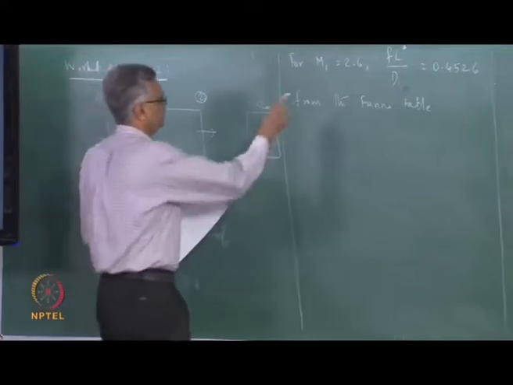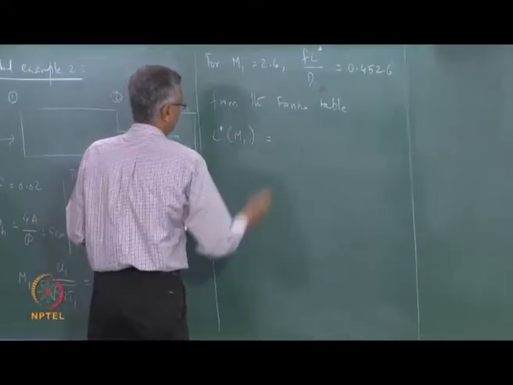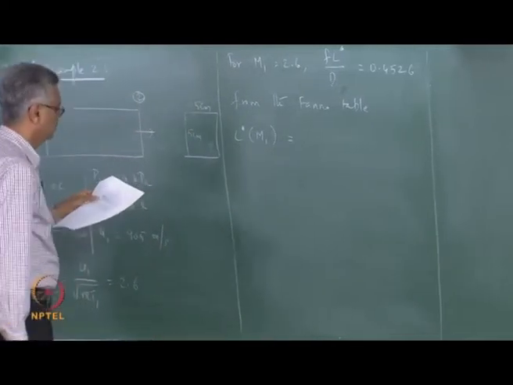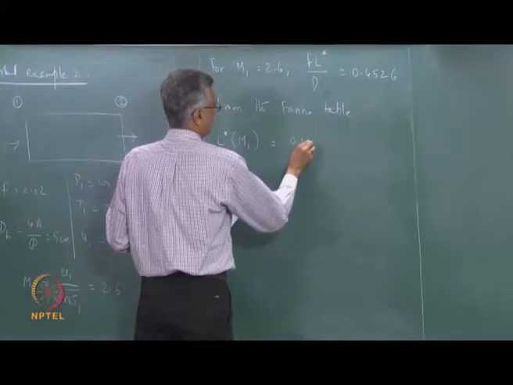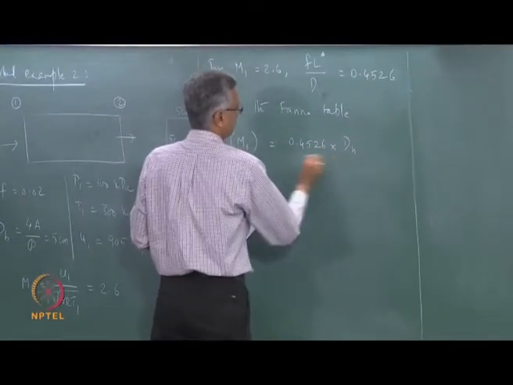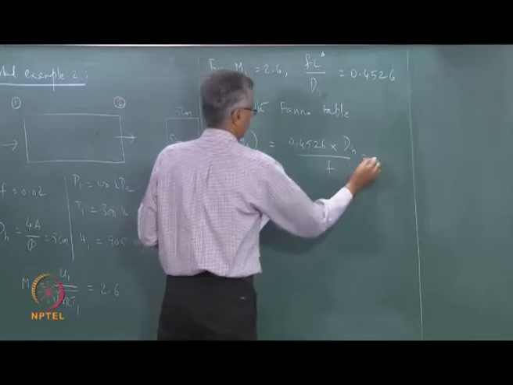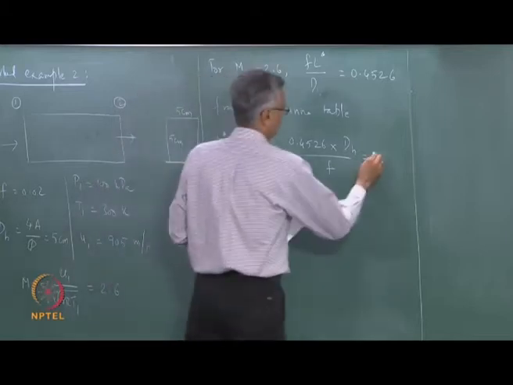So, this gives me L star corresponding to my Mach number M1 to be 0.4526 times dH divided by f, which comes out to be 1.1315 meter.